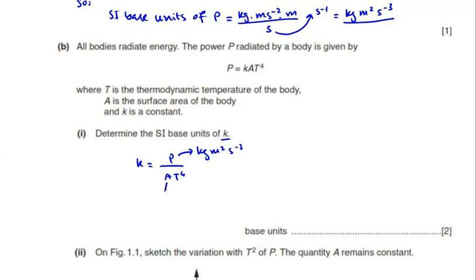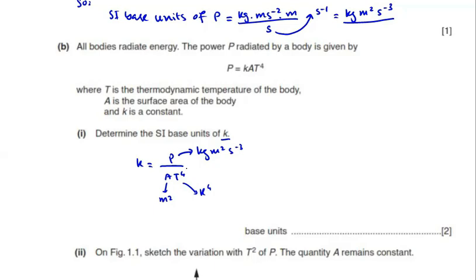A is area and SI unit of area is meter squared, where meter is also an SI base unit. T is thermodynamic temperature, its unit is Kelvin. So SI unit of T to the 4 should be K to the 4, where K is also an SI base unit. So students, this is the expression for K in terms of quantities we know the SI base units of.